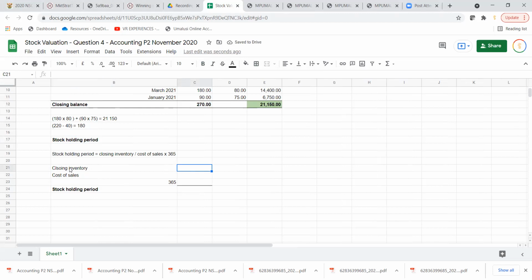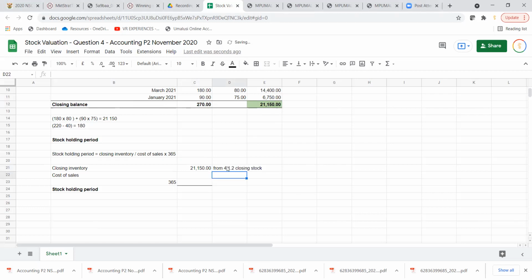Closing inventory is 21,150. So just so you can see where it comes from, 4.1.2 closing stock.